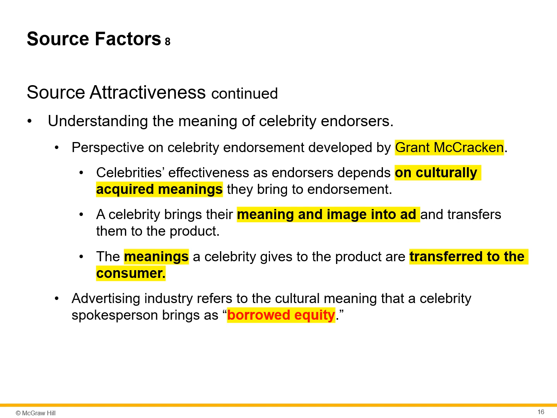There's an ad agency, and they're saying that Grant McCracken suggests that the celebrity's effectiveness as an endorser depends on culturally acquired meanings they bring to the endorsement. There has to be culturally acquired meanings they bring to the endorsement. Then the celebrity effectiveness is going to be there.